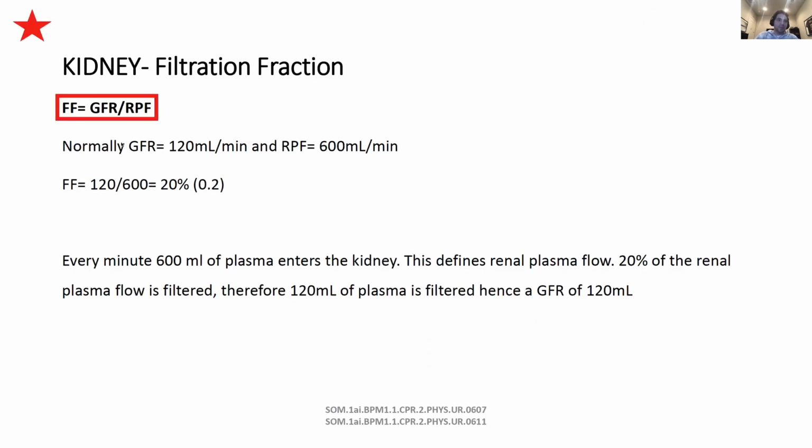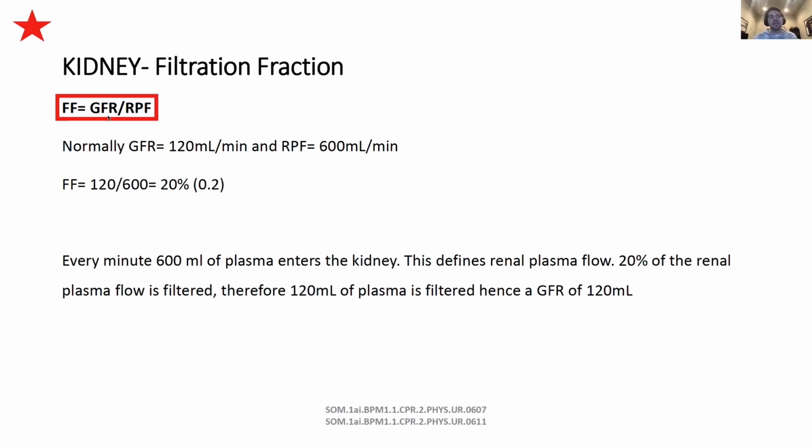All right, another important equation for you to know. This is as far as I think they'll go for you guys. They'll give you the oncotic and the hydrostatic pressures, and you'll have to figure out filtration fraction. In the question, they'll also give you renal plasma flow, and they'll ask you what's the GFR.